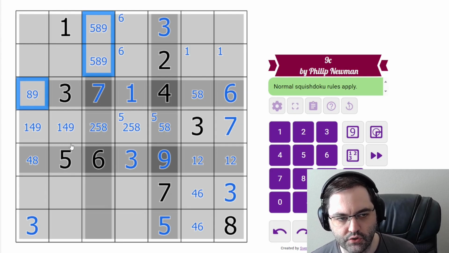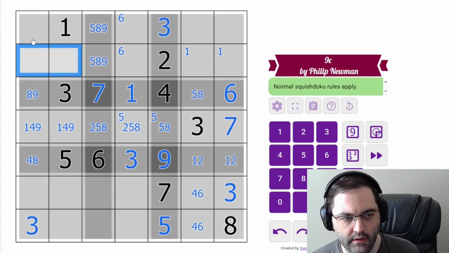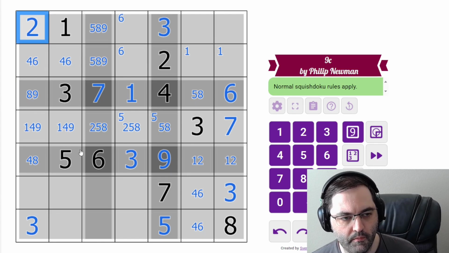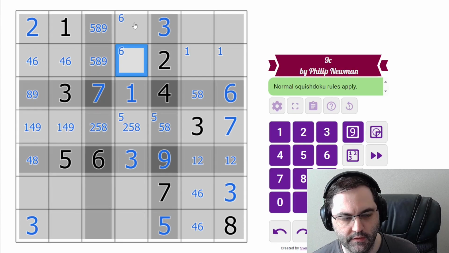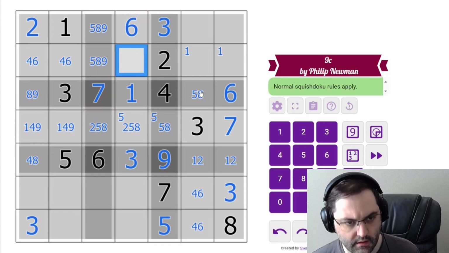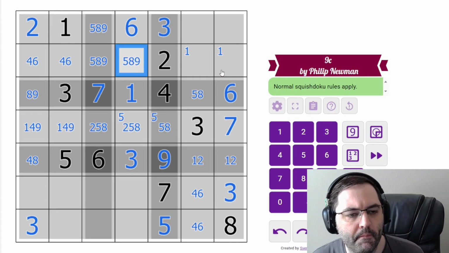And that's going to give us a triple here. 5, 8, 9 means we need 2, 4, 6 here. But we have a 2 in the row, so that's 2. 4, 6 here means this is not 6. So this is. And these will be 5, 8, and 9.